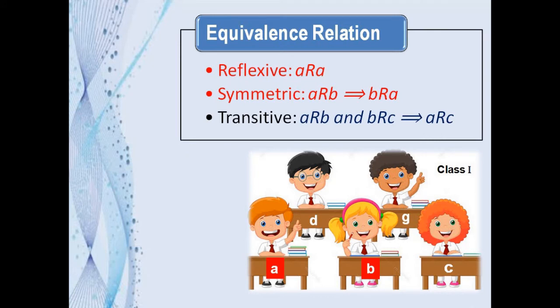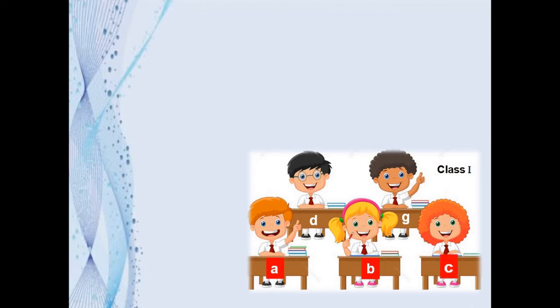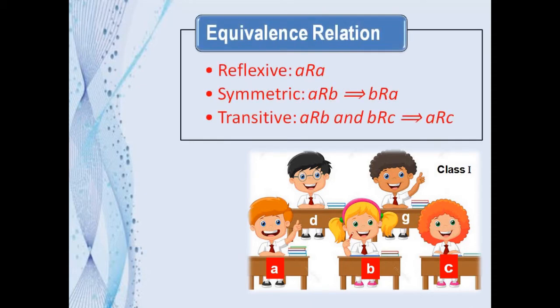Next, transitive. If A is a classmate of B and B is a classmate of C, then A is also a classmate of C. That is, A is related to B and B is related to C, which implies A is related to C. So, it's transitive also. Thus, the relation defined on the set N is an equivalence relation.